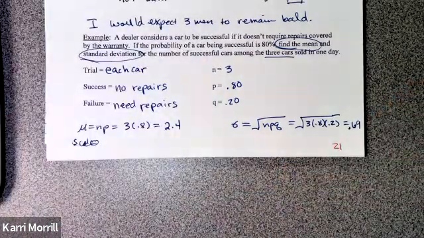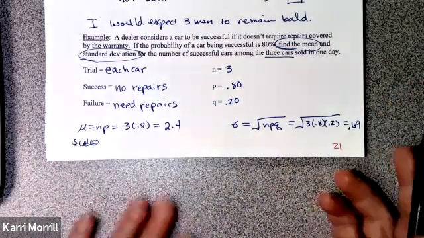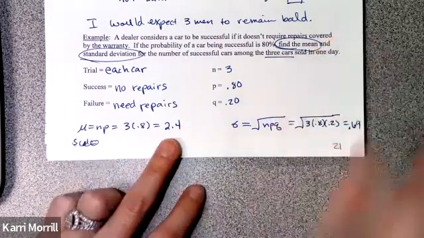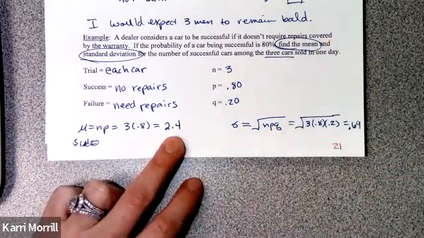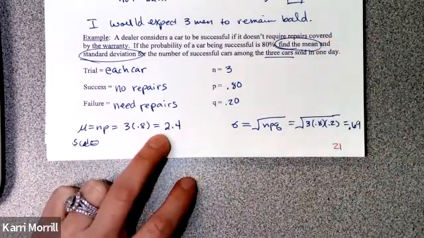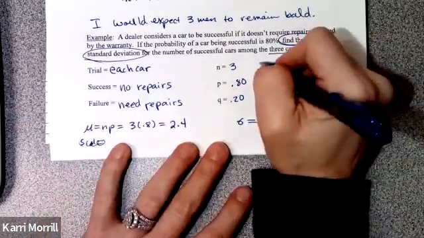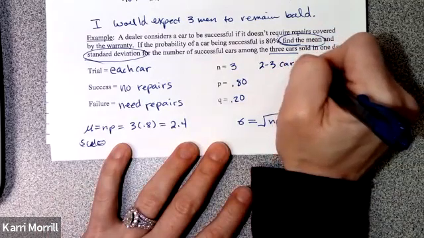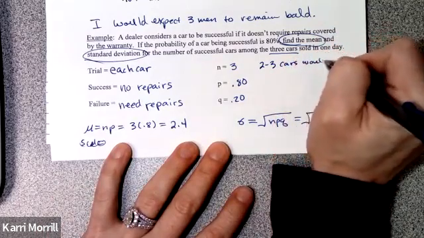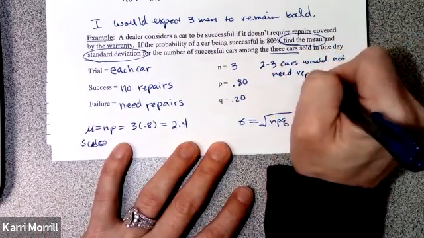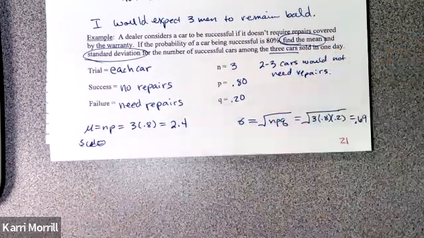So what would that mean if we explained those things? I would expect, if we just rounded down, between 2 and 3 cars to not need repairs. 2 to 3 cars would not need repairs out of the 3.